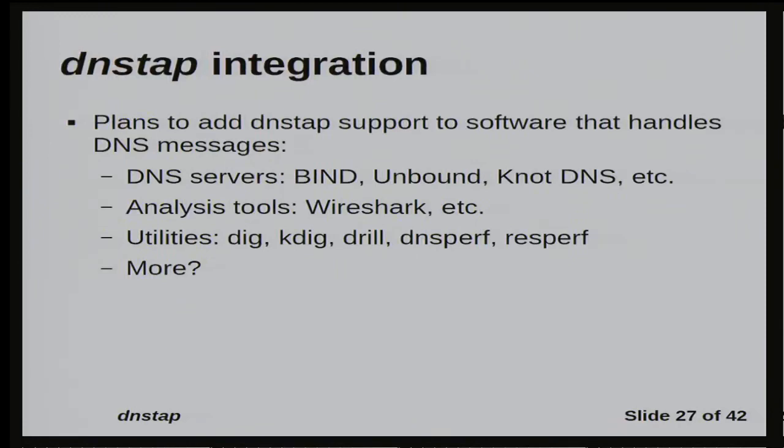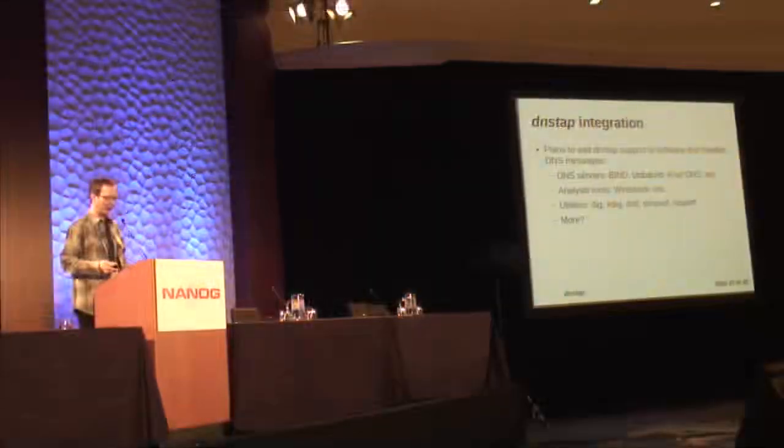We have fairly ambitious plans to add dnstap support to a variety of different software that handles DNS messages. You have DNS servers: BIND, Unbound, Knot. You have analysis tools like Wireshark. You have various command line utilities like dig, kdig, drill.